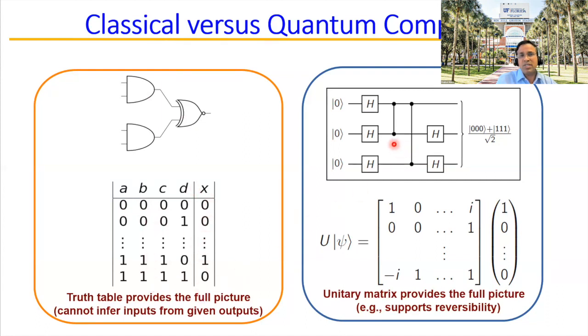In contrast, in quantum systems, you have a quantum circuit using different kinds of connections and Hadamard gates and whatnot that represent certain functionality, and you can represent them using a unitary matrix. And as you can see, this is a matrix, but then there is this I operator, which, if you recall, we talked about the noise cancelling headphone, constructive and destructive interference. This is what it basically represents.